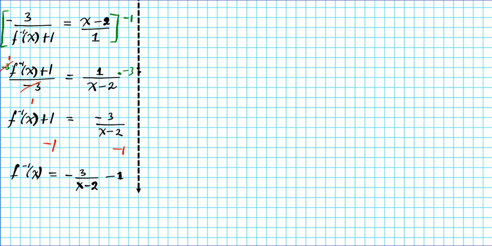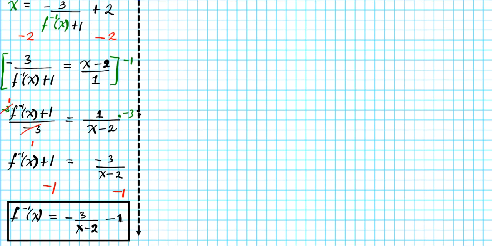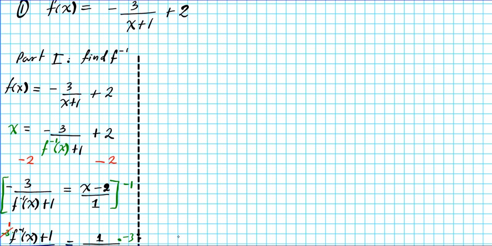Okay, so this is our first result, the inverse of f. So the question is, is this result correct? We are going to verify the accuracy of this result by composition. This will be a two-part composition process. We will compose f with the inverse and then proceed to compose the inverse with f.